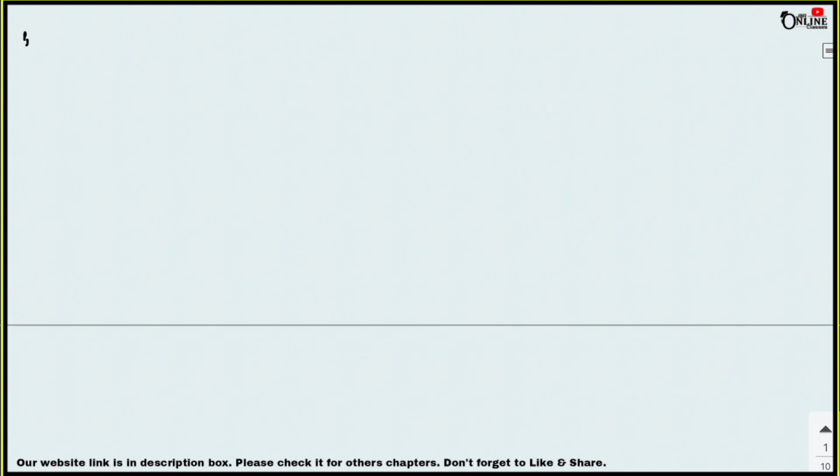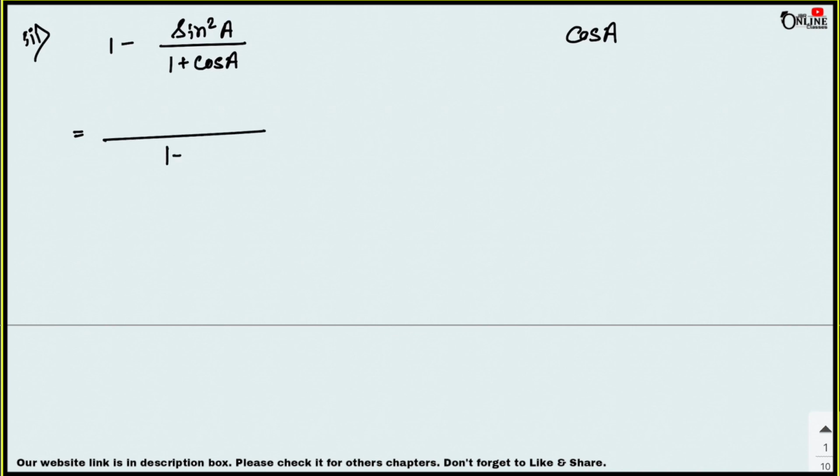Now next one, sum number 3. In sum number 3, left hand side you have 1 minus sin square A, 1 plus cos A. Right hand side you have only cos A. So first here 1 plus cos A is the LCM.